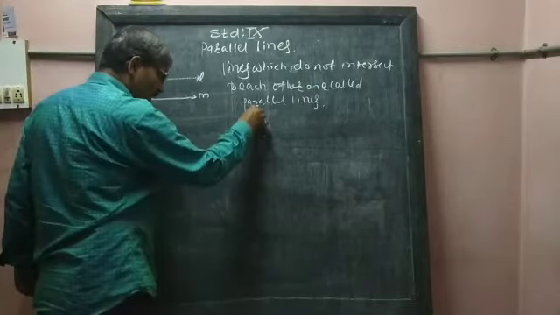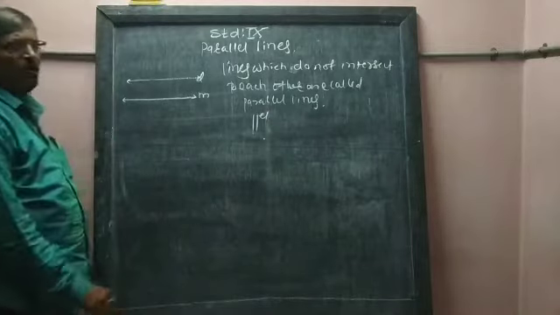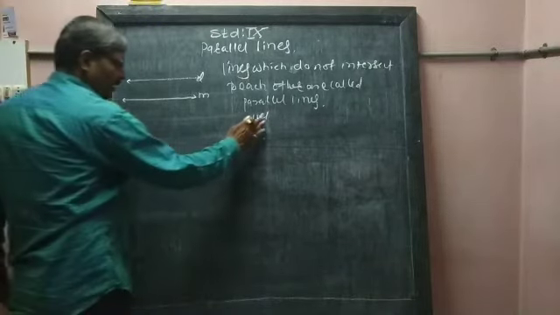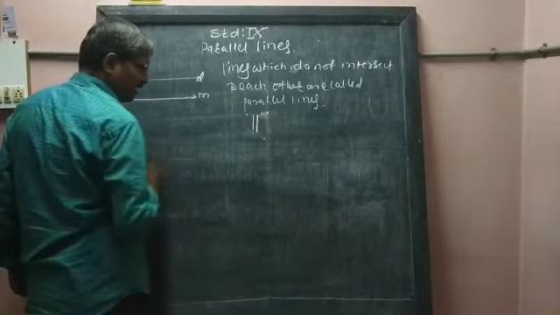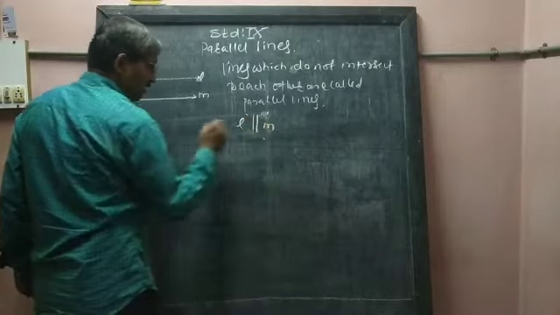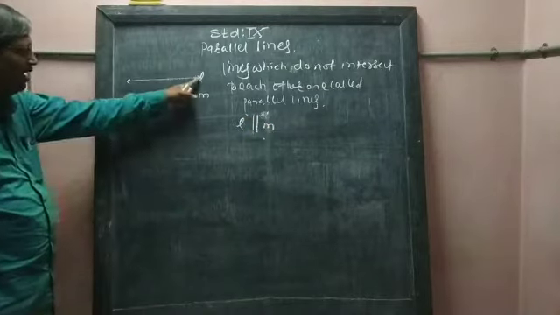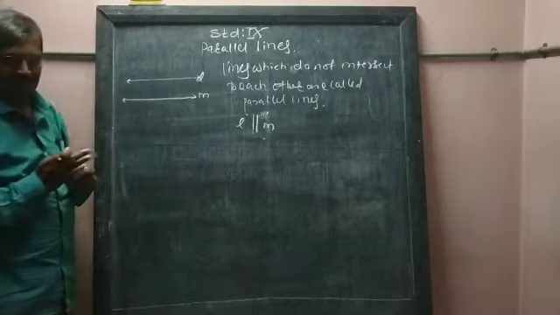Simply two straight lines. When we draw two lines like this, this is the symbol of parallel lines. Now, line L is parallel to line M. Here line L and line M are parallel because they do not intersect.